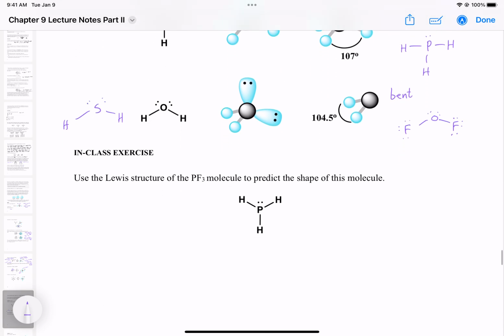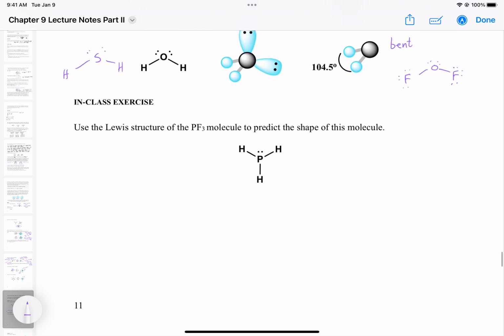So we drew the Lewis structure of phosphorus trifluoride to predict the shape of this molecule. All right. So if we look at the structure, there's 4 electron domains. So I like to use domains, but you could use groups too. Groups might be easier to conceptualize.